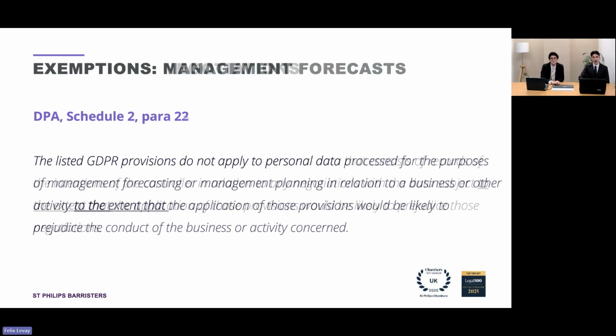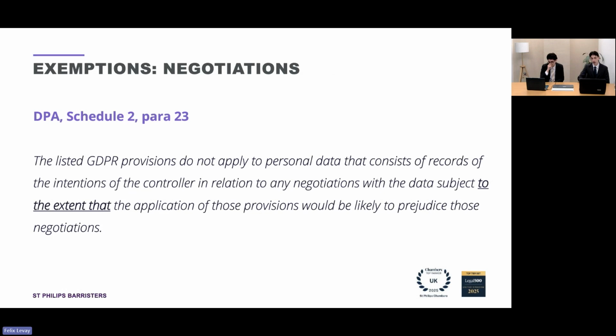The second of our choice examples is negotiations. Very similar process. In addition to the exemptions for privilege, another exemption is personal data that consists of records of the intentions of the controller in relation to any negotiations with the data subject. Again, the exemption only applies insofar as the disclosure would negatively impact upon the negotiations.